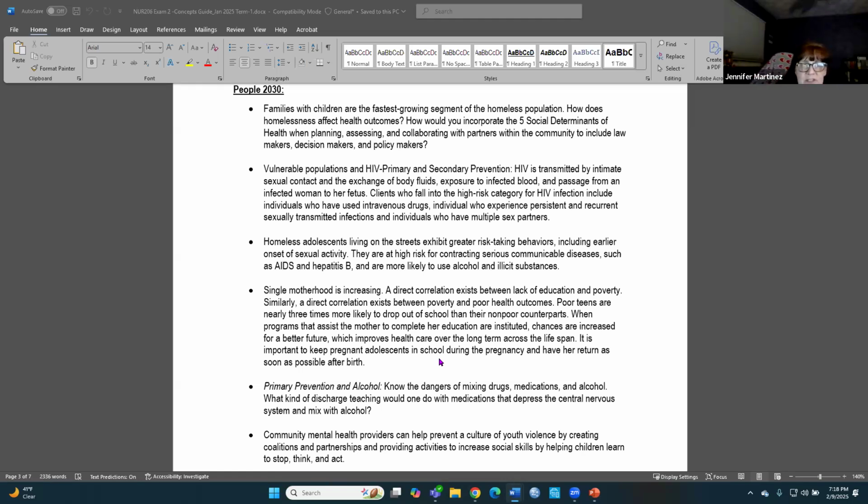They're more likely to deliver low birth weight babies, right? They're more likely to deliver before 37 weeks. And those low birth weight babies are at a greater risk within that first year.